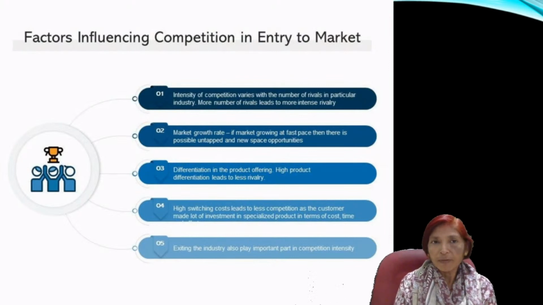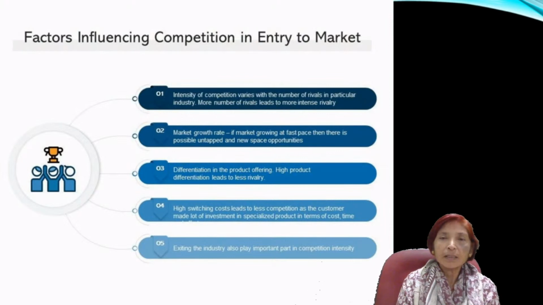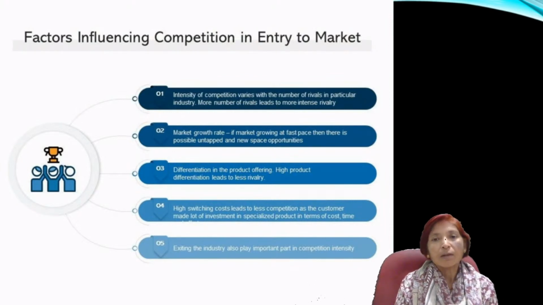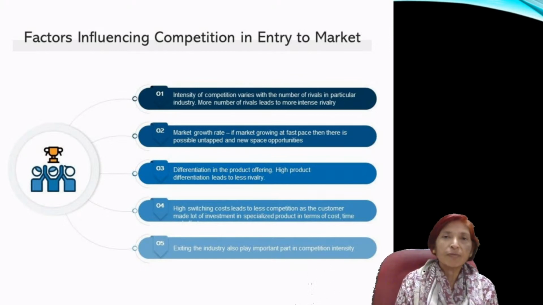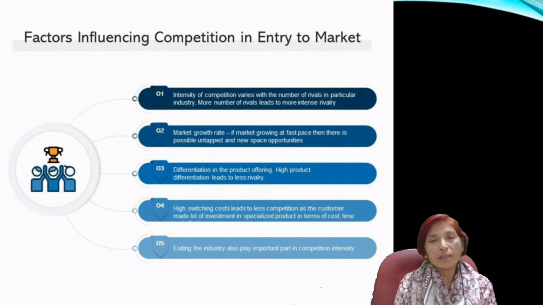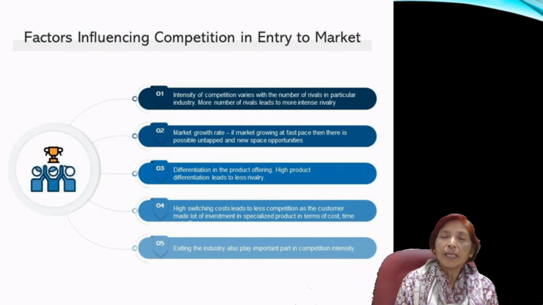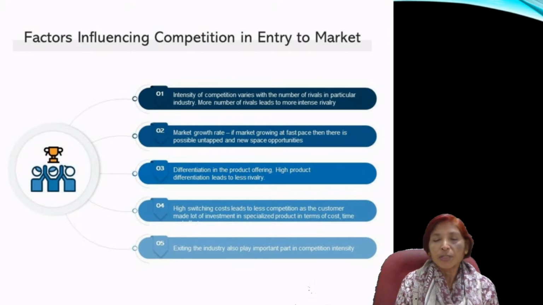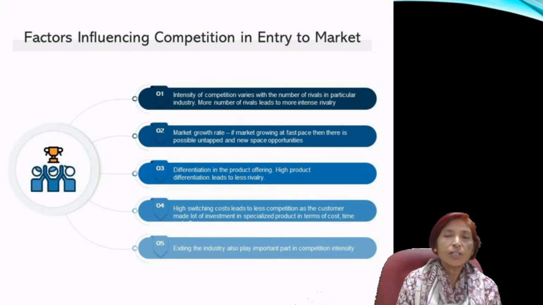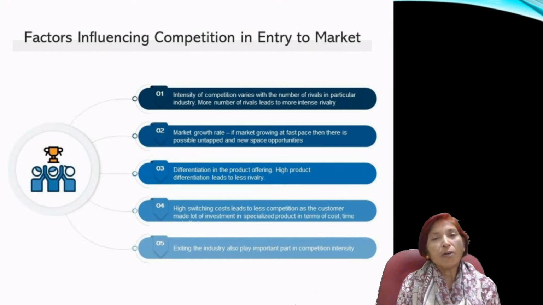So these are different factors, like one is intensity of competition varies with the number of rivals in particular industry. More number of rivals leads to more intense rivalry. And next is market growth rate. It means if market is growing at a very faster rate or at a very rapid rate, then there is possible untapped and new space opportunities. Next is differentiation in the product offering.